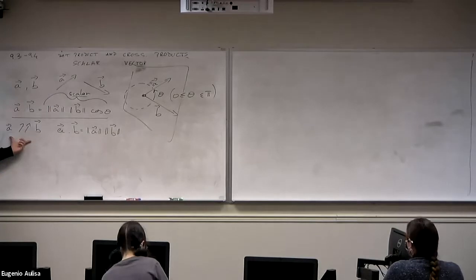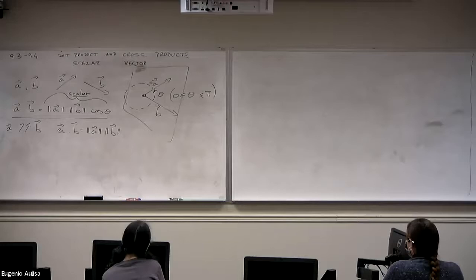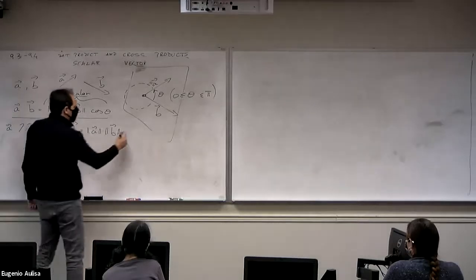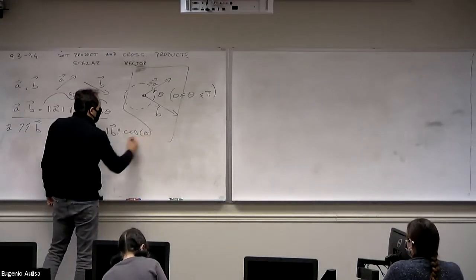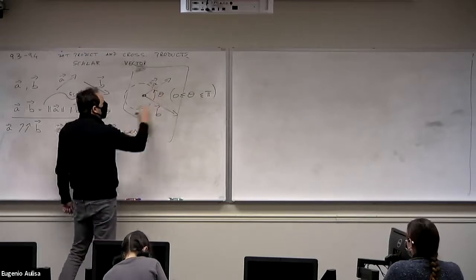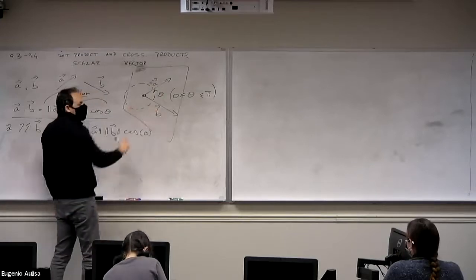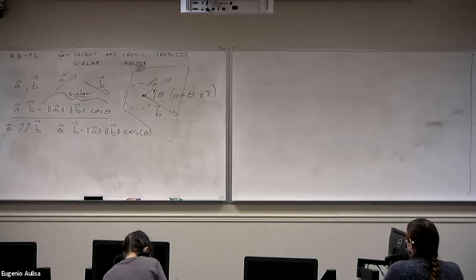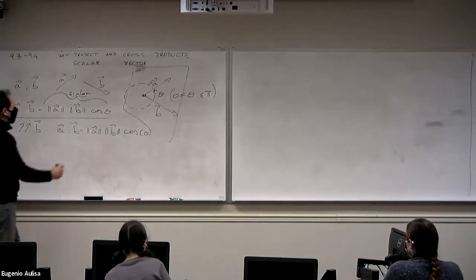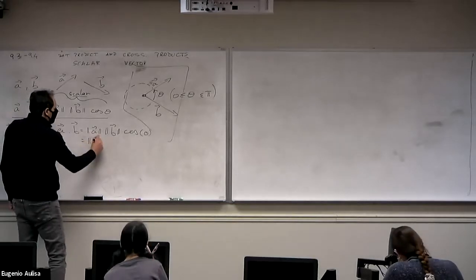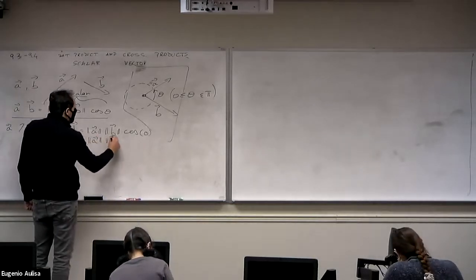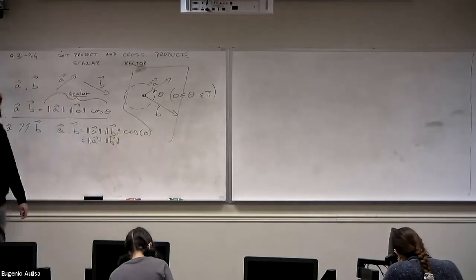In this case, if they are parallel, it means what? The theta is 0, right? When this vector A and this vector B are parallel, there is no angle between them, or angle 0. So this is going to be just the size of A times the size of B times the cosine of 0, which is 1.